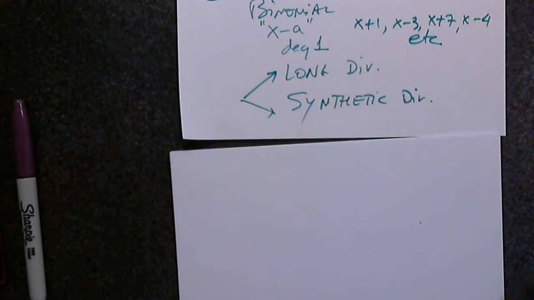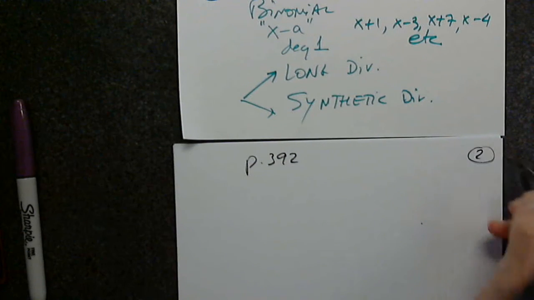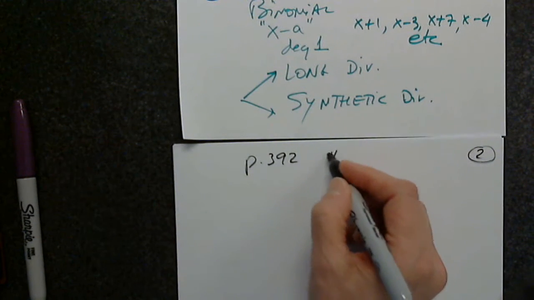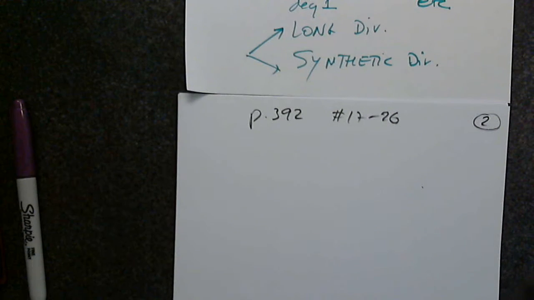These problems are on page... We do not cover section 3.4. They are on page 392. And feel free to choose from 17 through 26. 24 is good.